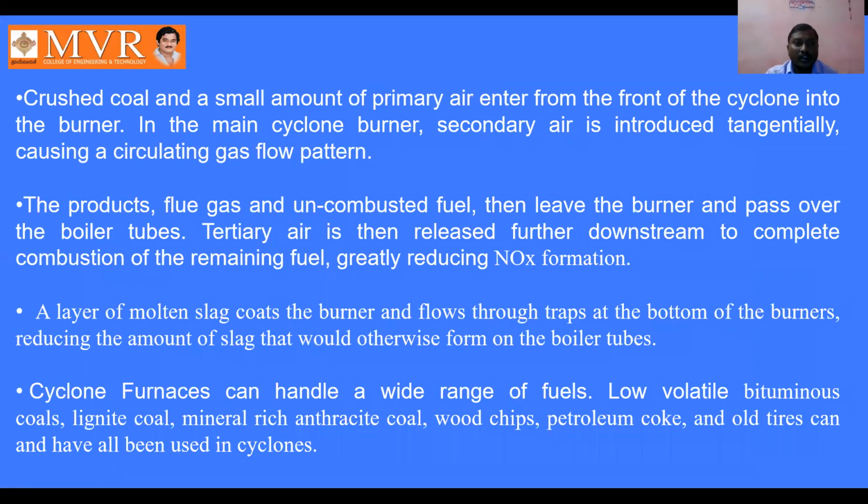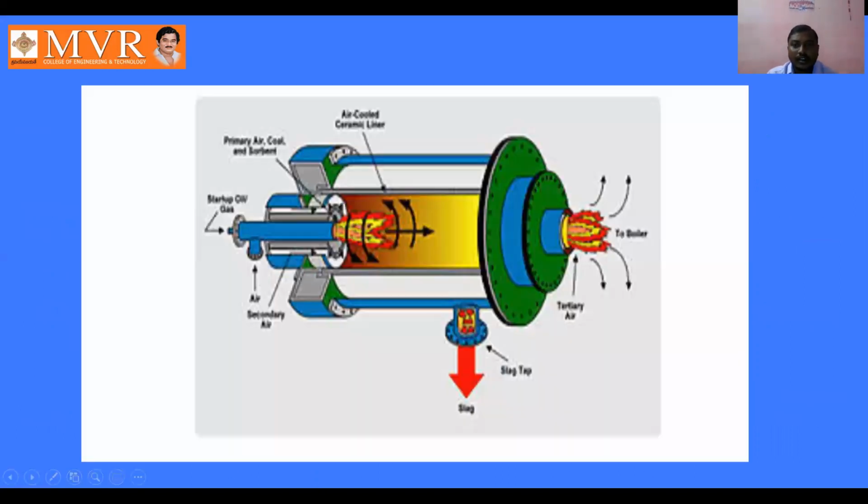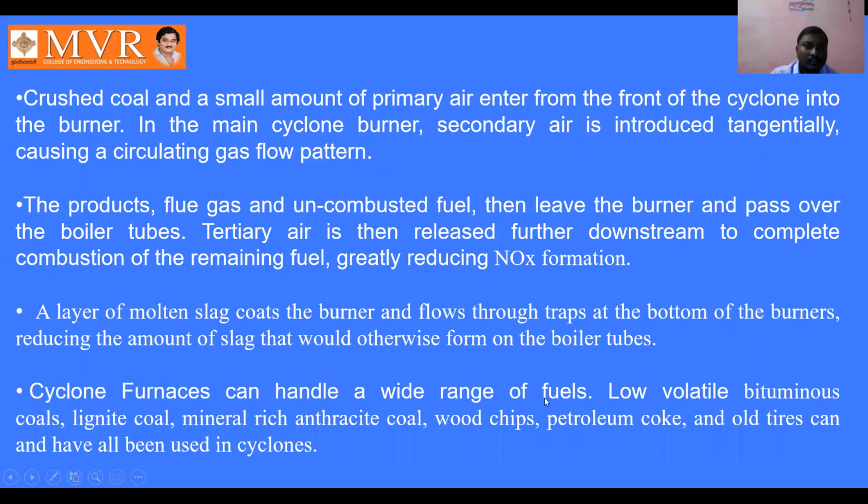Crushed coal and a small amount of primary air enter from the front of the cyclone into the burner. See here, we have a burner here. The crushed coal is the raw coal which is crushed in the bunker.